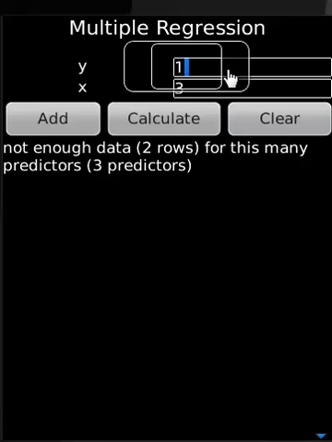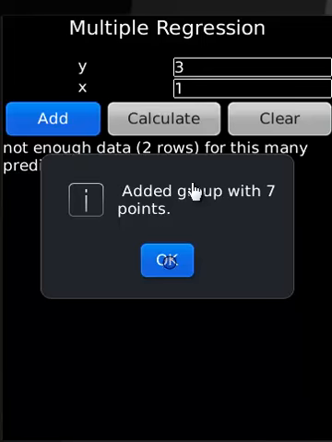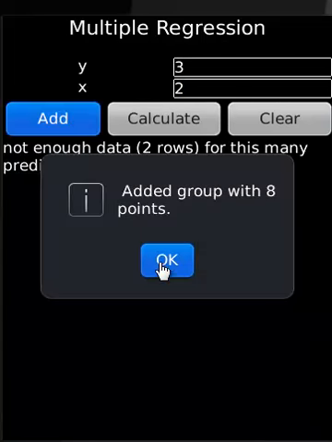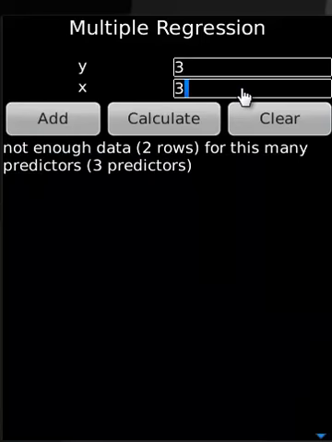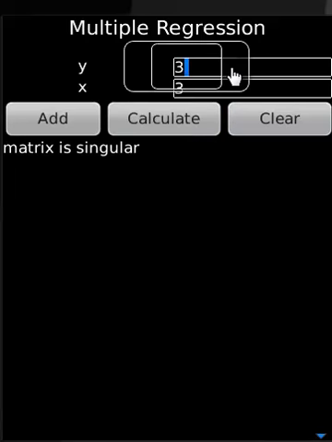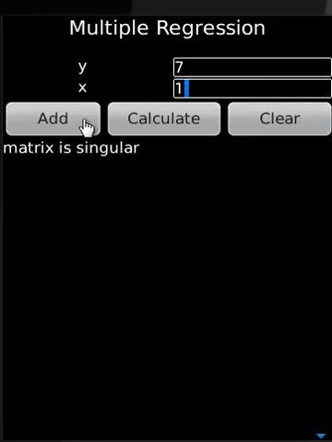Now let us add 3, 1, 3, 2, and 3, 3. Now we calculate. This is similar. So now let us add another set. 1, minus 1 and minus 2.